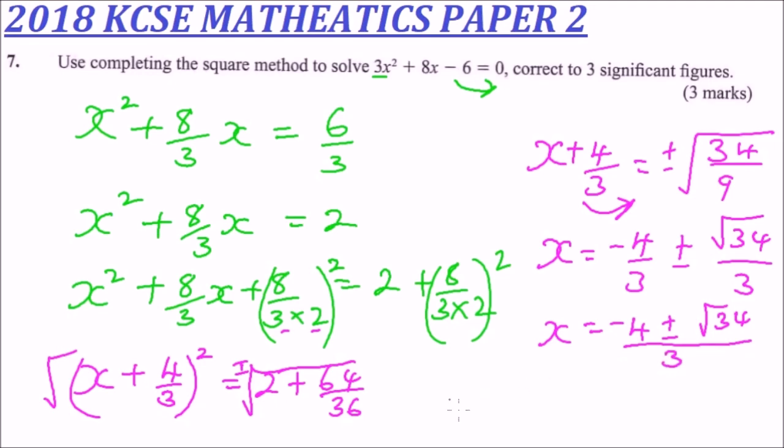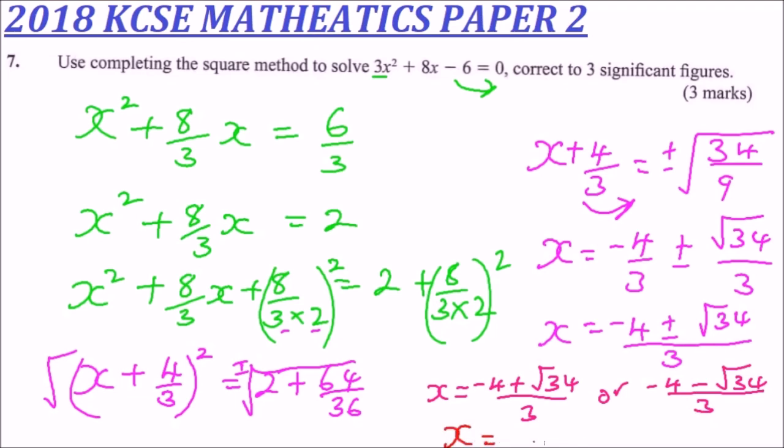and this will give you x equals minus 4 plus the square root of 34 over 3, or minus 4 minus the square root of 34 divided by 3, and using your calculator, you should get x equals 0.610 or minus 3.28.